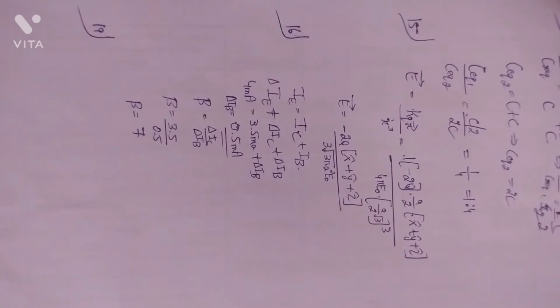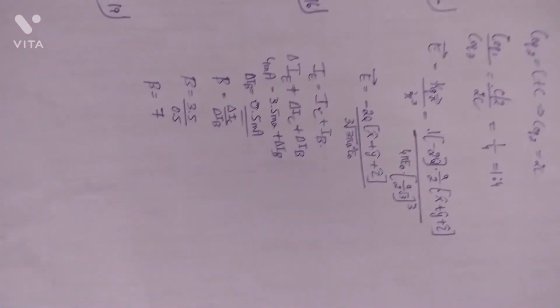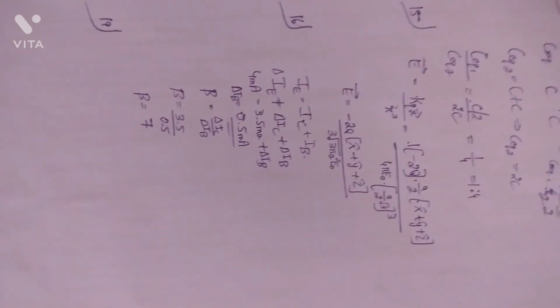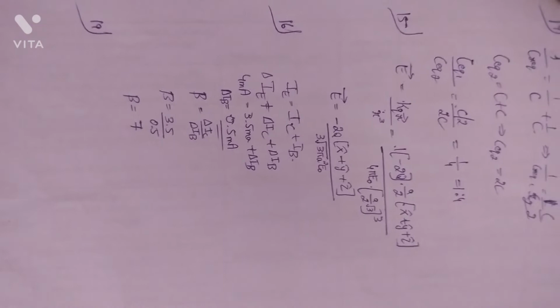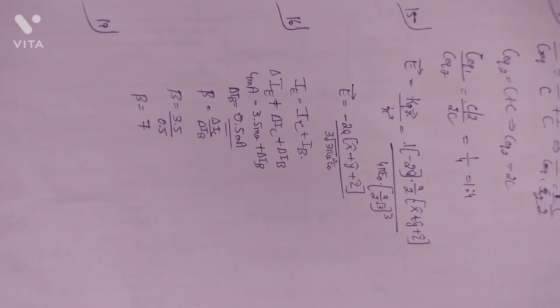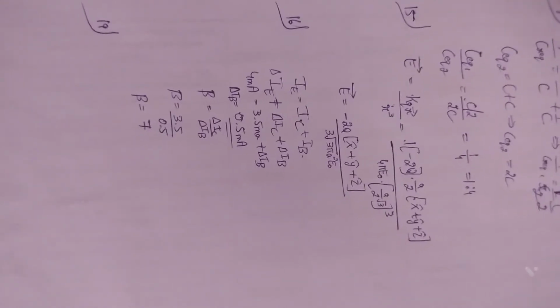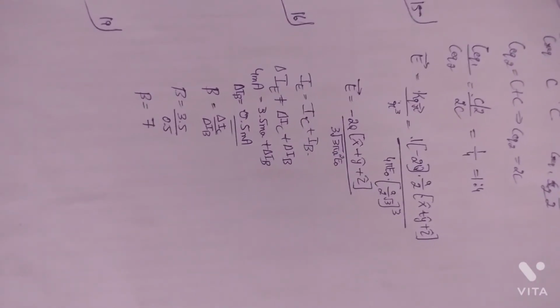If you see question number 19, they have given that the focal length f is related to the radius of curvature r of the spherical convex mirror, and we have to show how.